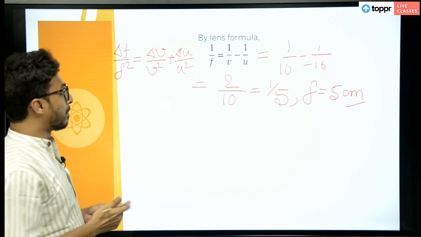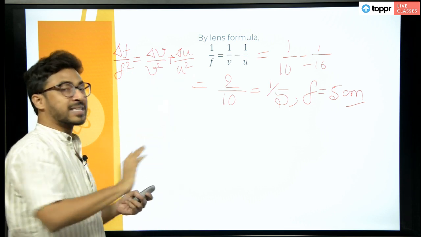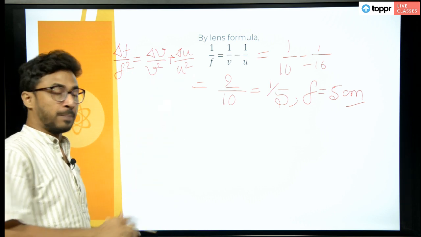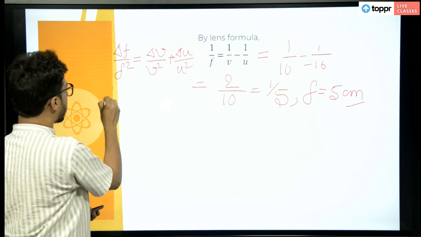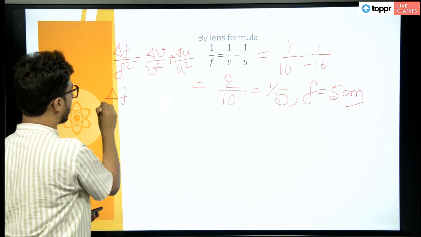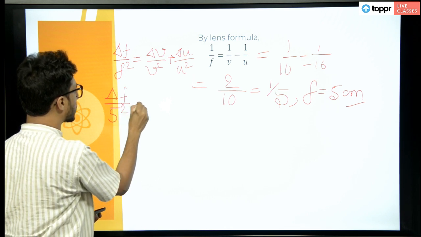You must remember that while calculating errors, the errors don't get subtracted, they are always added. So, we will only use a plus sign. Del f we have to find out, f we have already calculated as 5, so it is 5 square.